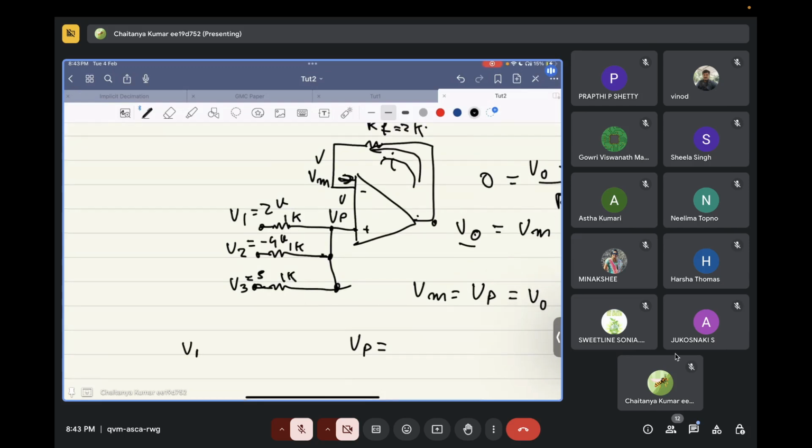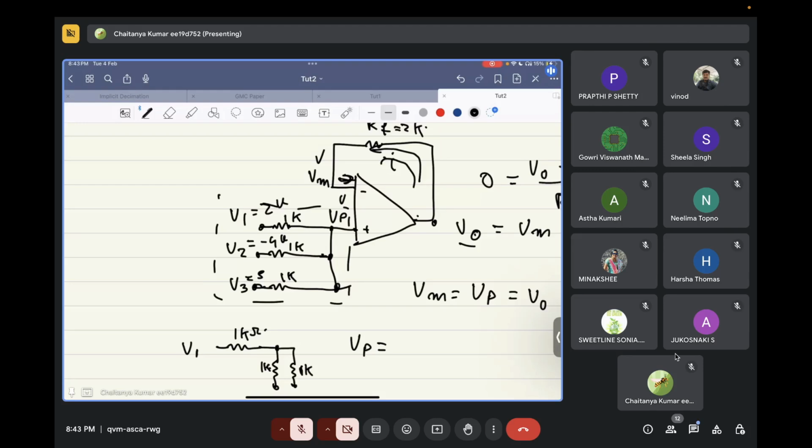How will you find out Vp? So you will have 1 kilo ohm. You can use superposition, right? This is a linear circuit. This particular circuit is a linear circuit, so you can use superposition. So we have 1 kilo ohm, then 1 kilo ohm over here, and 1 kilo ohm over here.